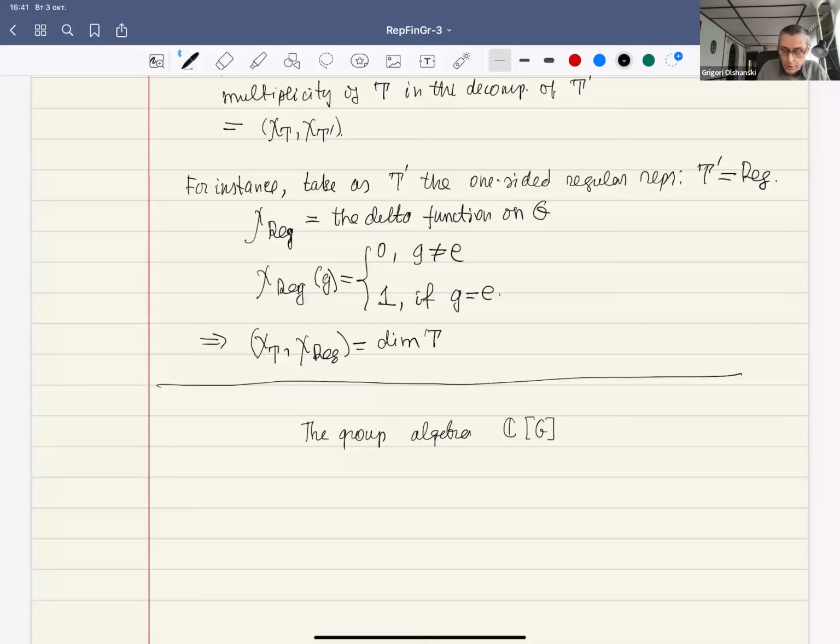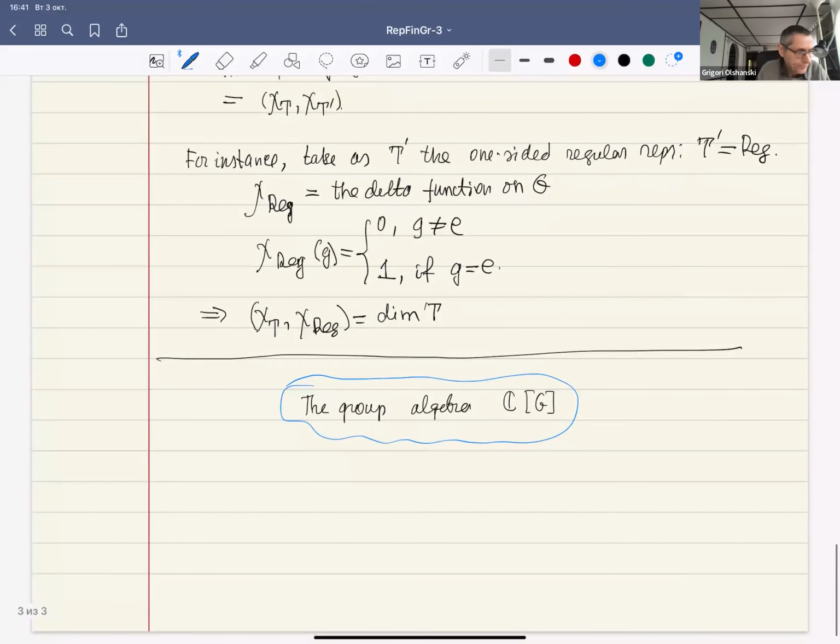You probably already know this, but let me discuss in some detail what this is. By the very definition, the elements are formal.